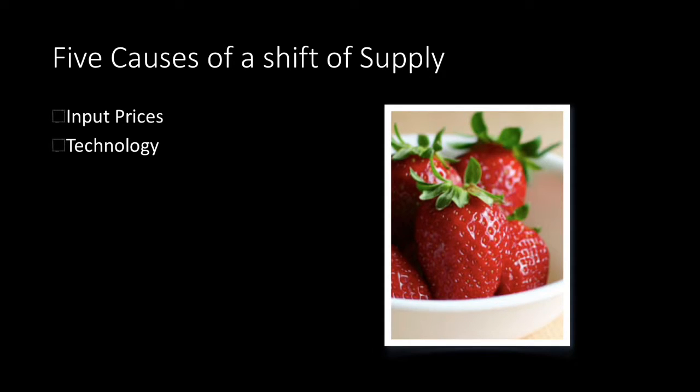Technology. Technology is kind of unique. Technology, honestly, generally is only going to cause supply to increase. And the reason is that, generally speaking, producers are only willing to adopt a technology that's going to actually make them more productive.